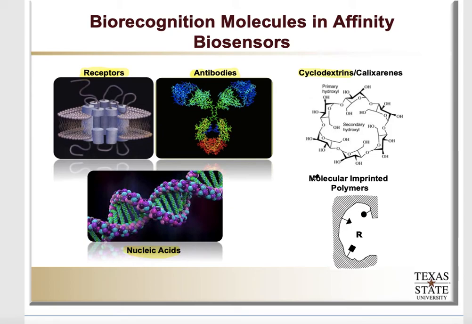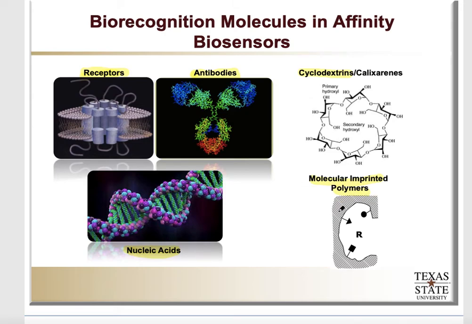The last type that I wanted to mention are molecularly imprinted polymers, which we have discussed in the past. Remember that we call them MIPs. And this is basically a synthetic polymer network that is made specifically by using monomers that you might guess might have some affinity for the target molecule.